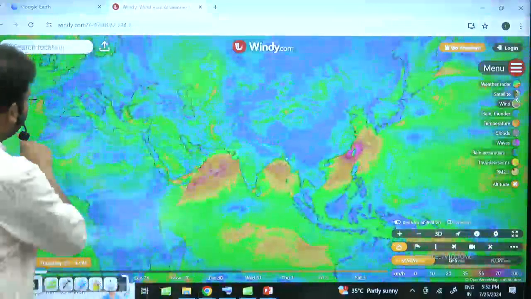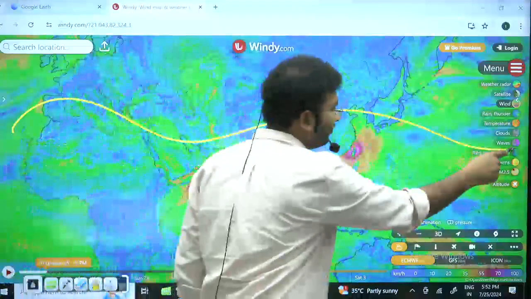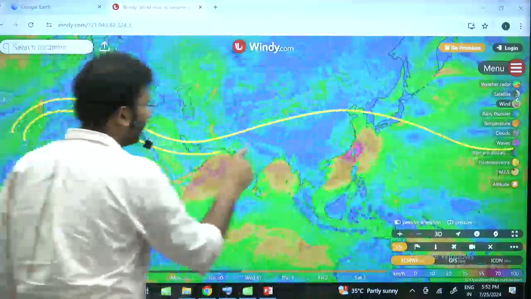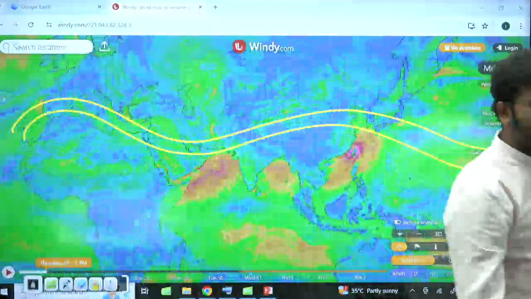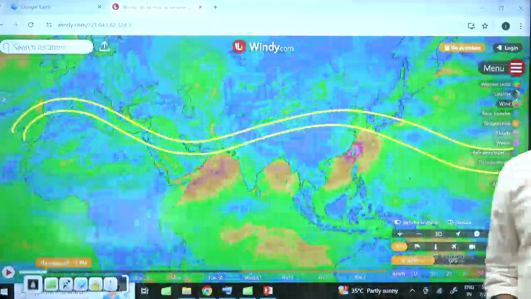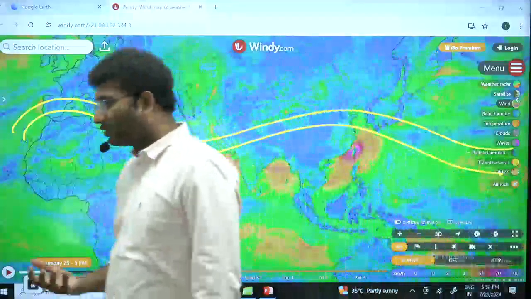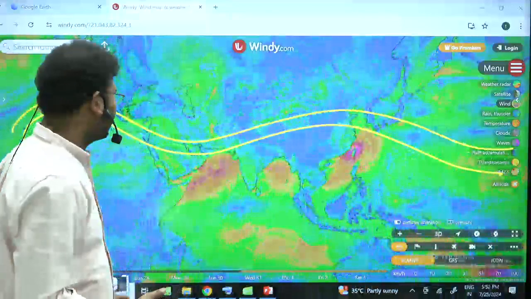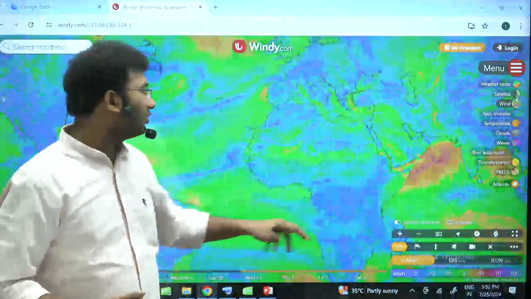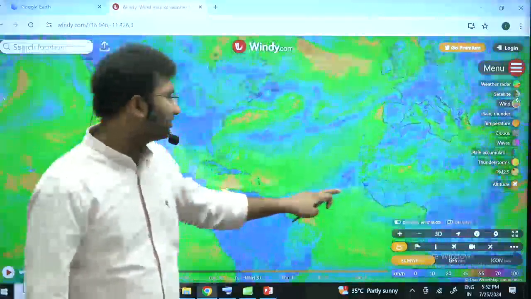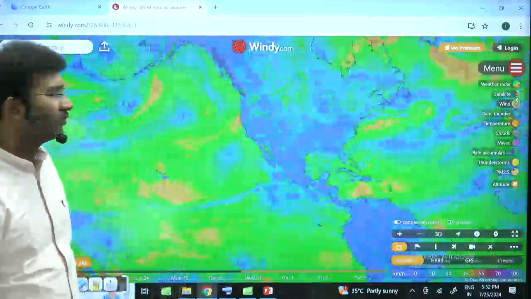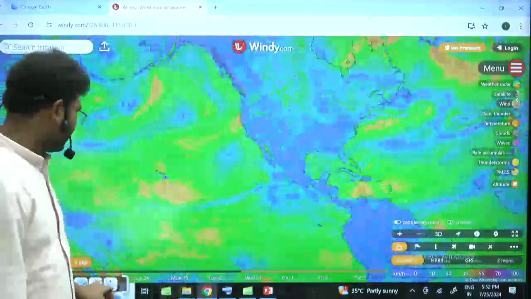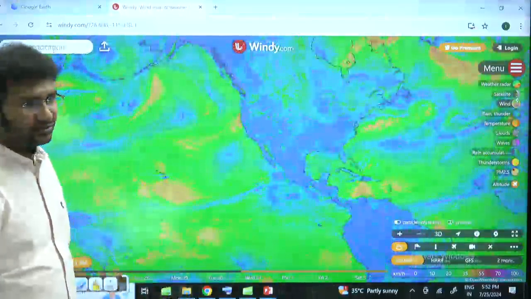Now you also have a jet stream which is moving. It will also impact the jet stream as well. That means any changes at one or the other place will also impact these systems. So wherever you find cold, you might see warm areas. Wherever you find warm, you find cold areas. So these are the changes that you will get to see.